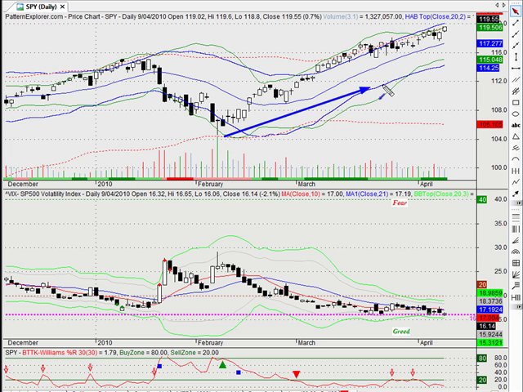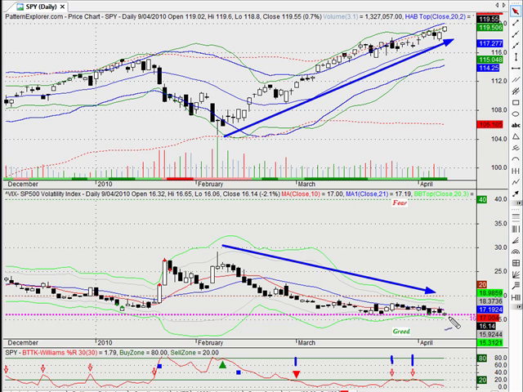We can see here that we've had a nice steady uptrend on the SPY since early February, which has been outstanding really. At the same time we've had a nice steady downtrend in the VIX. At the same time, percent R on the VIX has given a bearish sell signal and is continuing to be bear confirmed.